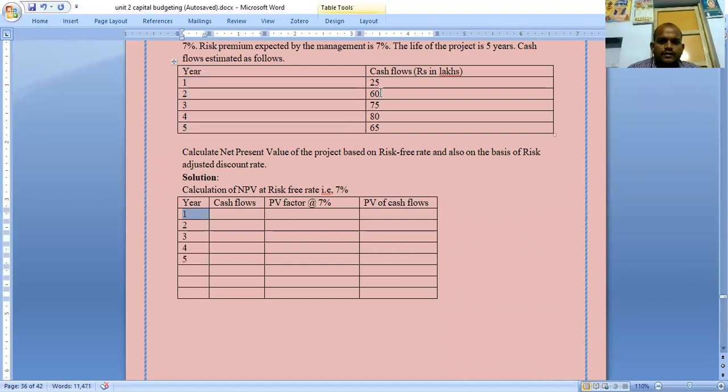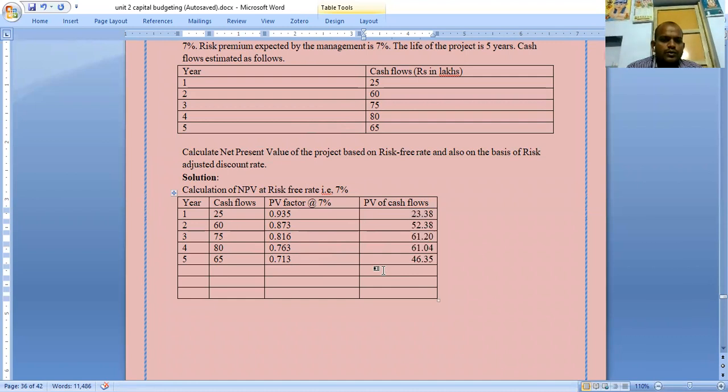So years and cash flows, present value factor at 7%: 0.935, 0.873, 0.816, 0.763 and 0.713. So present value of cash flows, we have to multiply the cash flows with the PV factor. So we'll get the present value of cash flows.